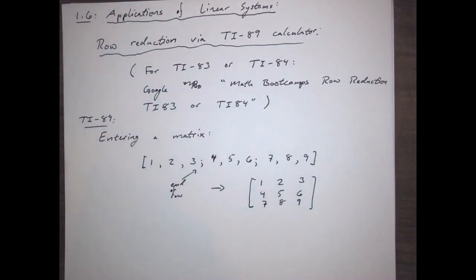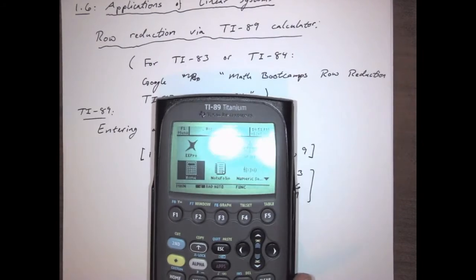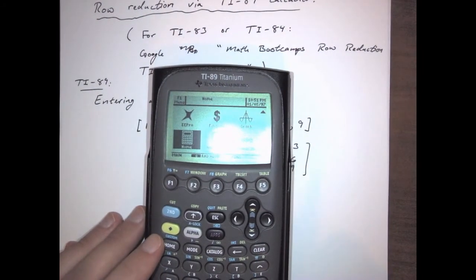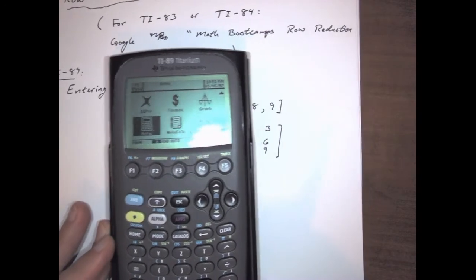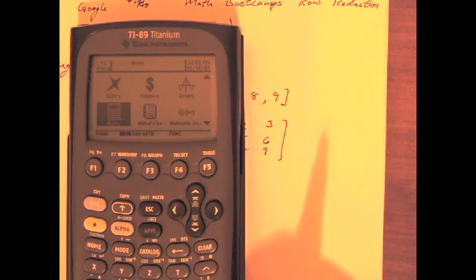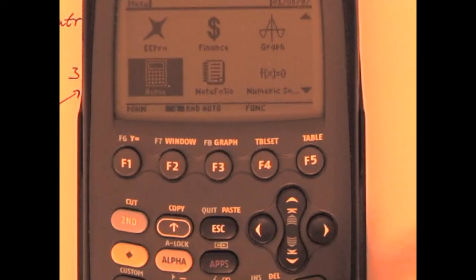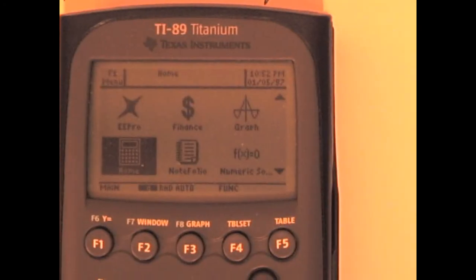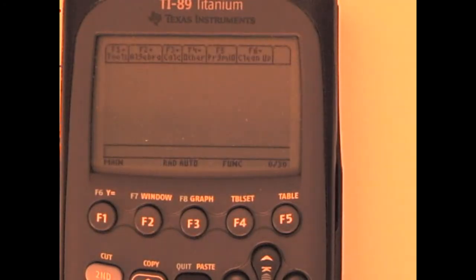For example, if you have a calculator such as this, clear away all the riffraff that might currently be on it. You just go first to home, and you can hit enter while home is selected, or if you just press the home button, then no matter what screen you're on to start with, that will take you to here.